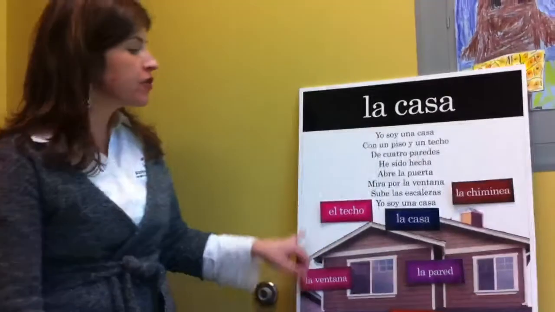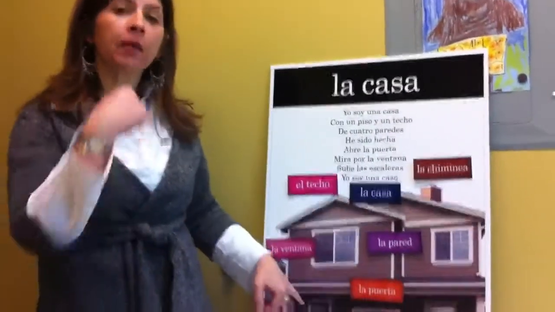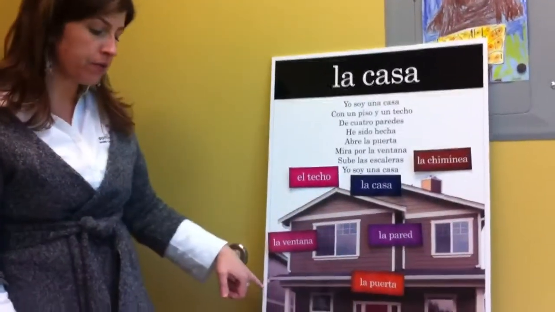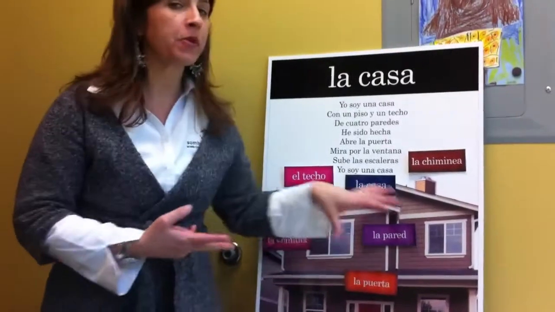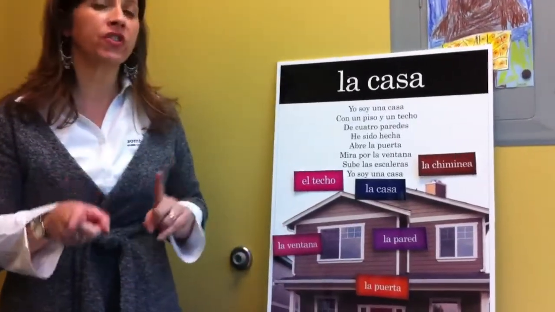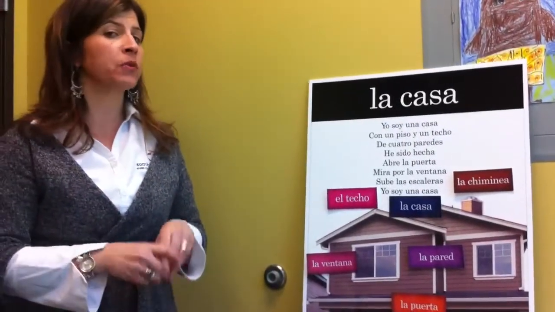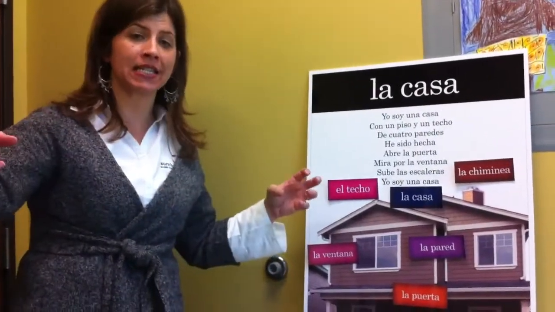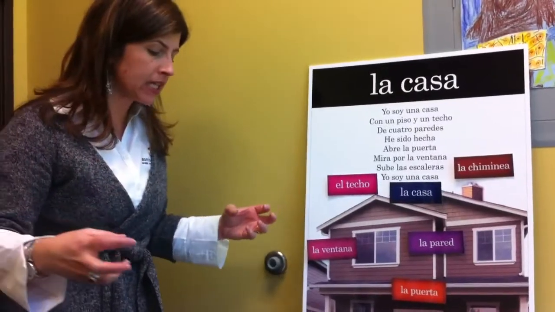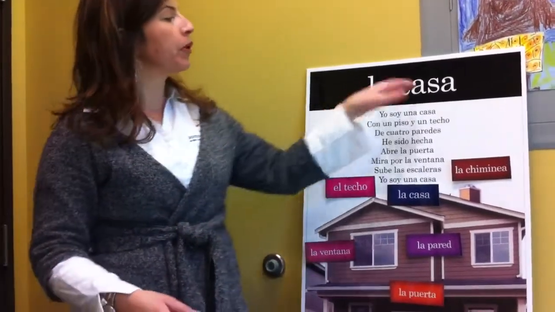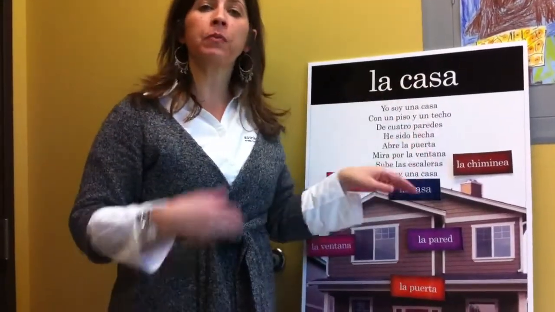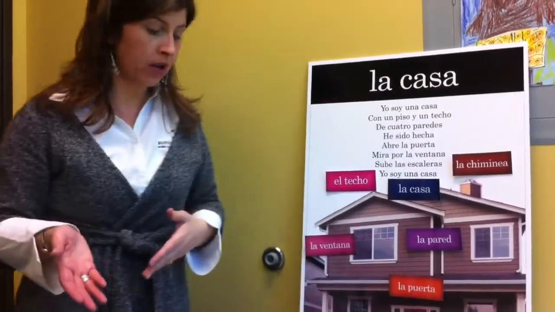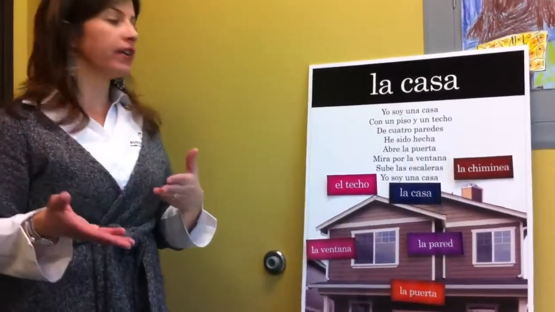So our student objectives this week is to get them to be able to produce the parts of the house, to be able to describe the parts of the house, and these are all the same objectives we have for Spanish 1. So we want to be building a little bit more descriptive sentences, longer sentences, more complicated sentences, that they're able to pronounce and reproduce this poem from memory and maybe alter it.